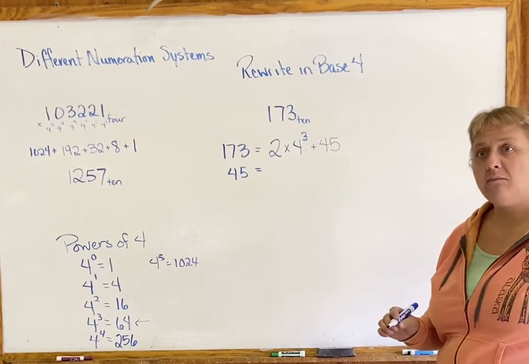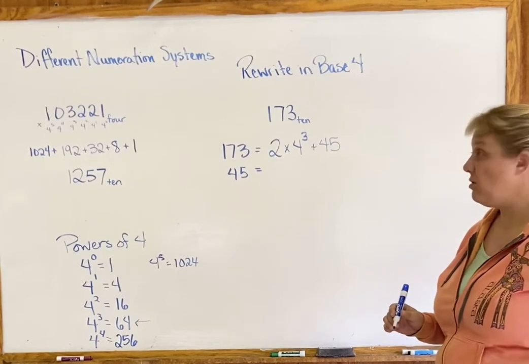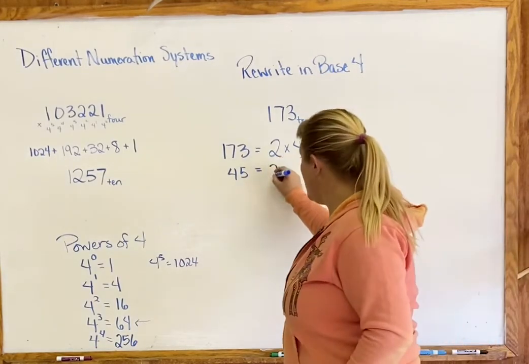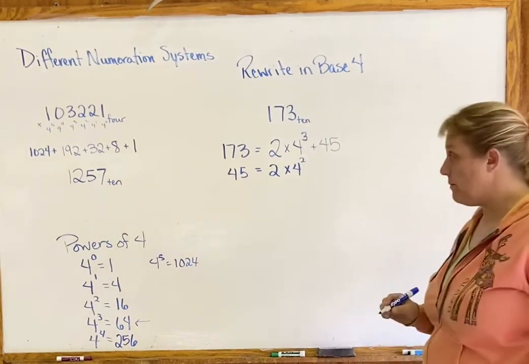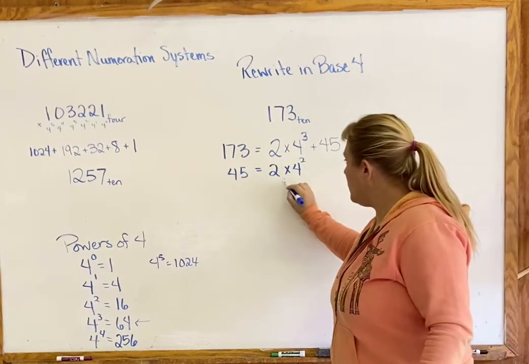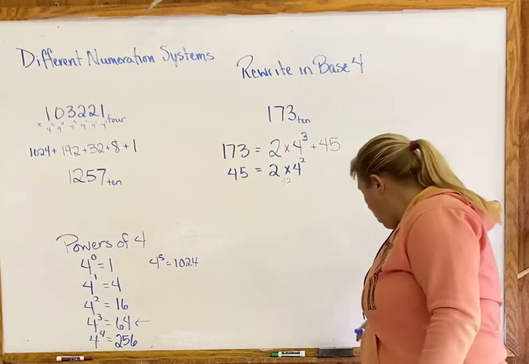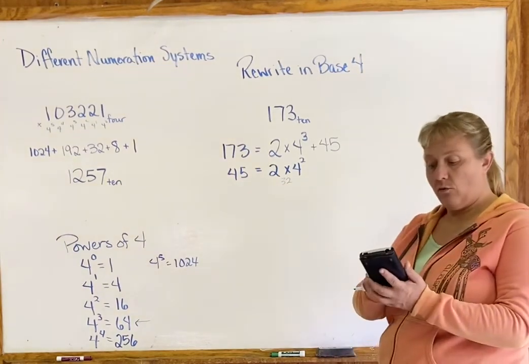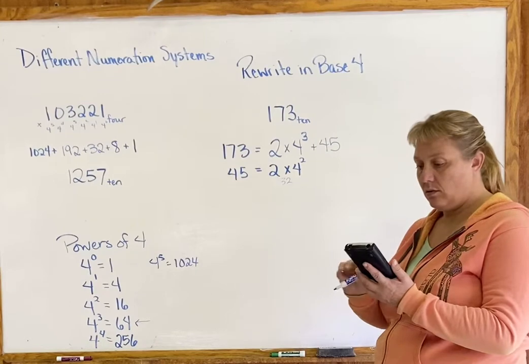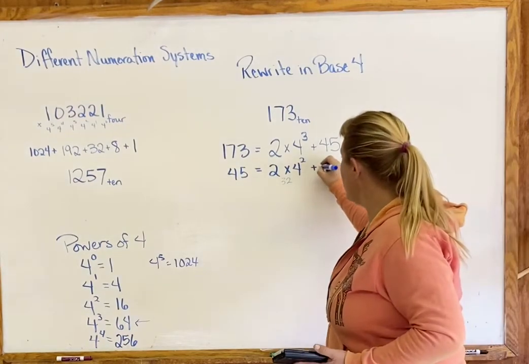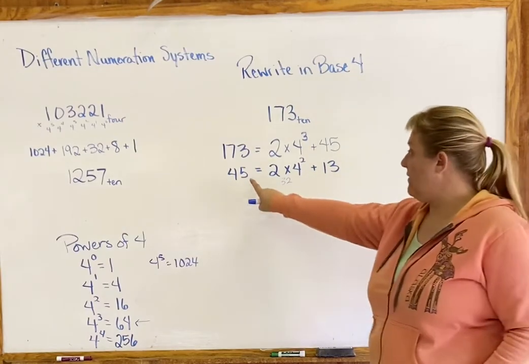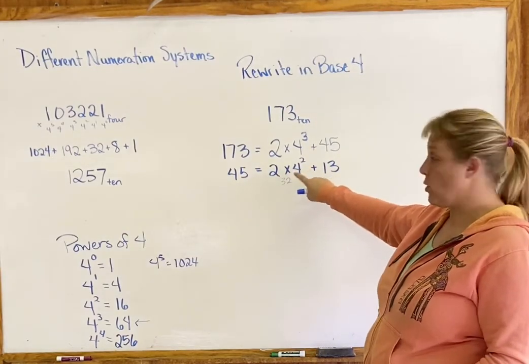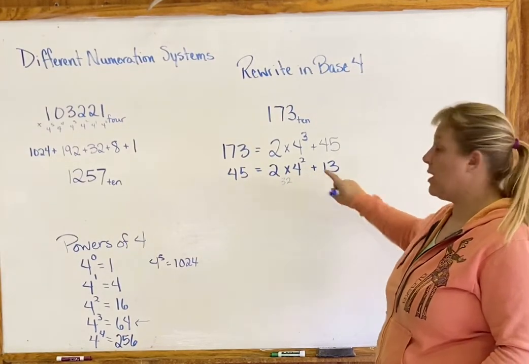So 16 plus 16 is 32. So there are 2 16s, or 2 times 4 squared. But if this equals 32, then what is the leftover? So 45 minus 32 is 13. So 45 can be written as 2 times 4 squared, 2 times 16, plus 13.